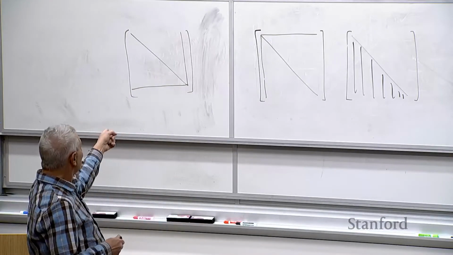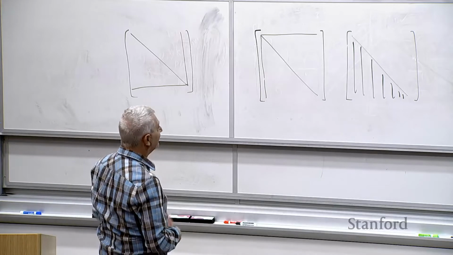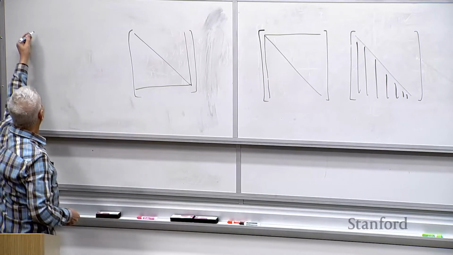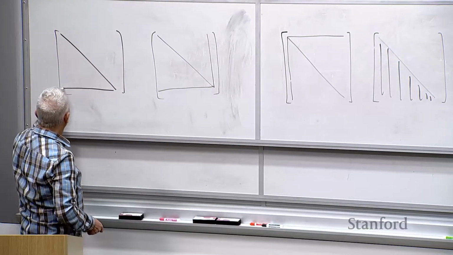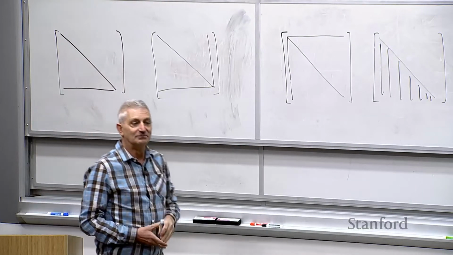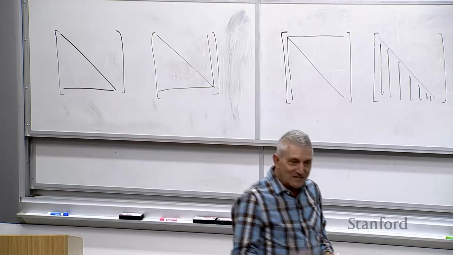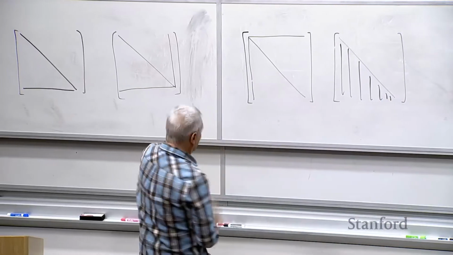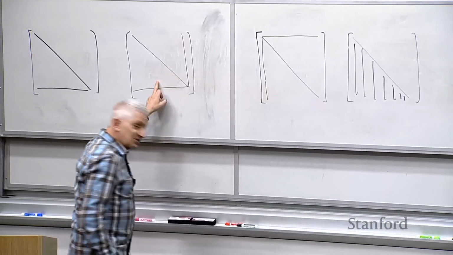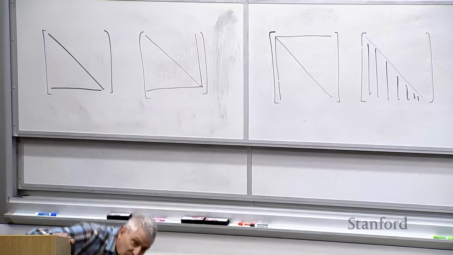If I do a Cholesky factorization on this, I will show you the sparsity pattern you get. You get this, and that's all. So what it means is that the permutation that permuted this into this was super important, at least from a sparsity point of view.